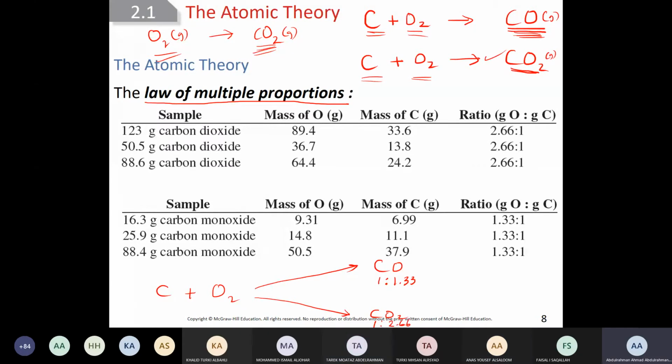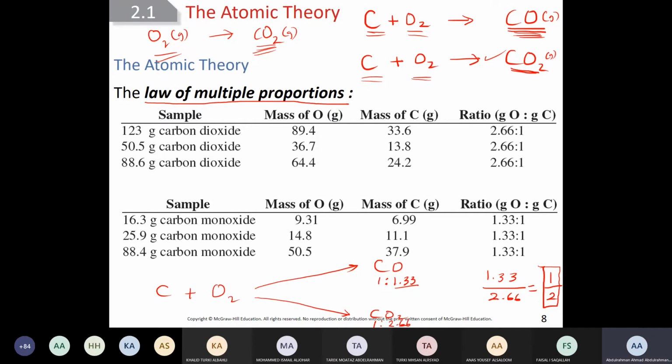They noticed that if you take these two numbers, 1.33 compared to 2.66, this is equal to what? Half, 1 over 2. The ratio must be simple. That is the law of multiple proportion.